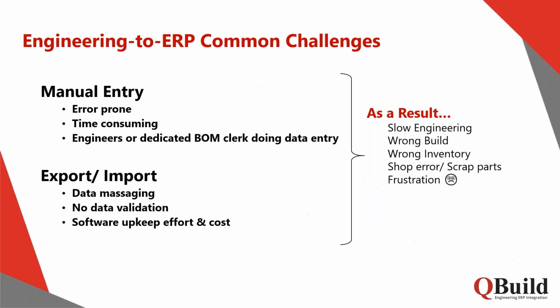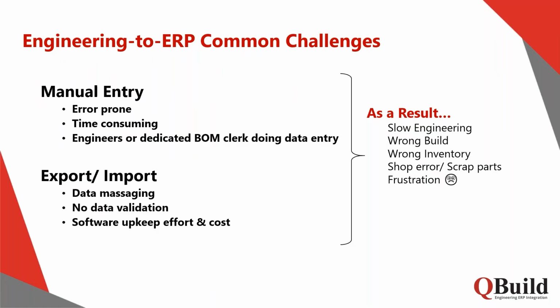So summing up here, some of the common engineering to ERP challenges that you might see without something like CADLink. The two big ones, manual data entry and export-import, error-prone, time-consuming, and with the export-import, there's no data validation. You have to do data massaging and that software upkeep, like I was just mentioning.